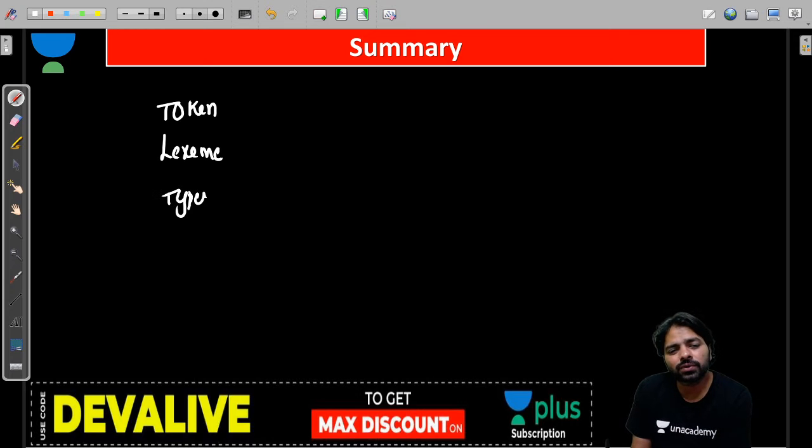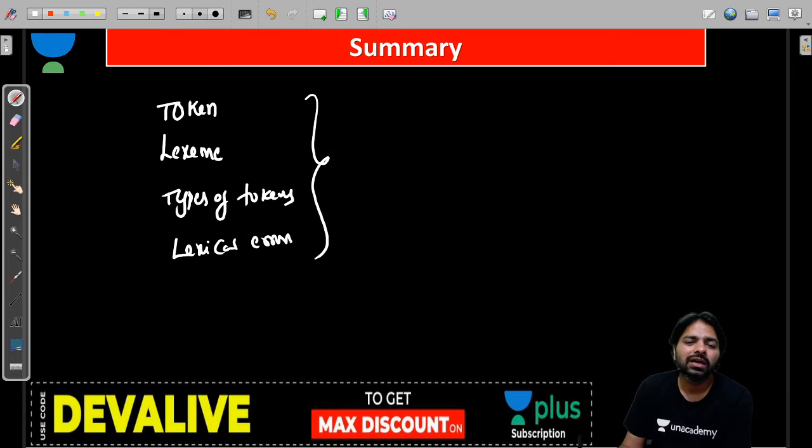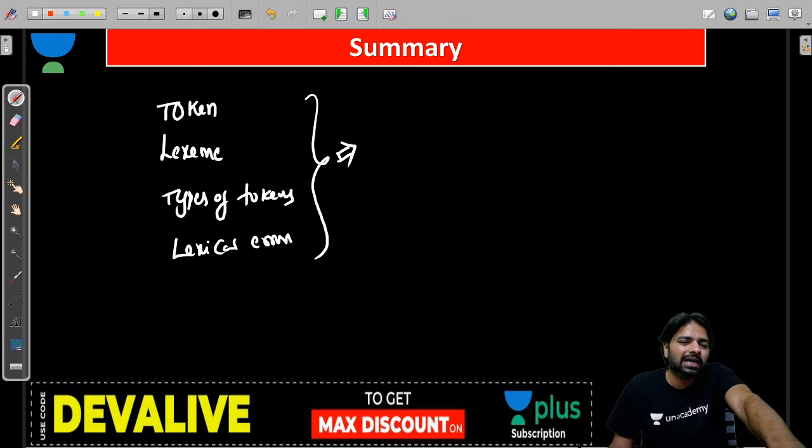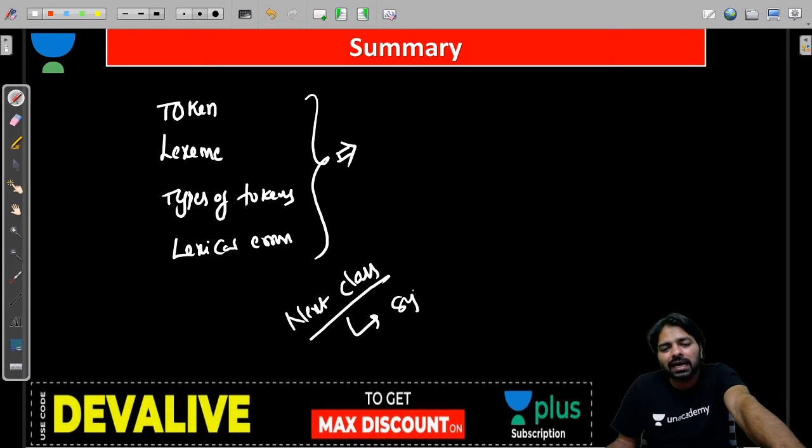And what are the types of tokens, how to recognize using the longest prefix match rule, and then what is the functionality of the lexical analyzer, and what are the lexical errors, and we have discussed all of them in this session. In the next coming session we will talk about parsing. Of course there is a lot to learn about the lexical analyzer, but every Saturday and Sunday we will practice more questions. So next class I will be starting directly the syntax analysis.